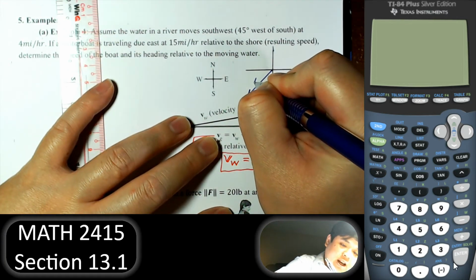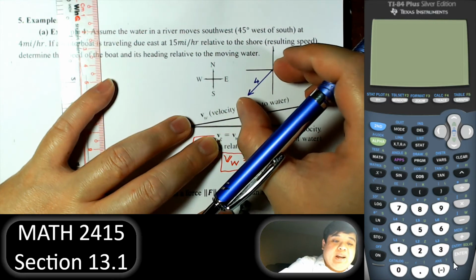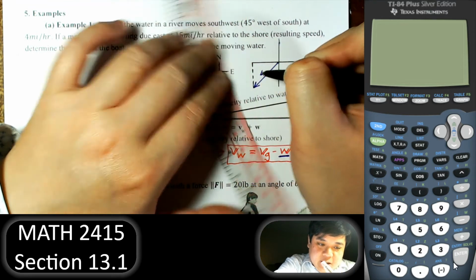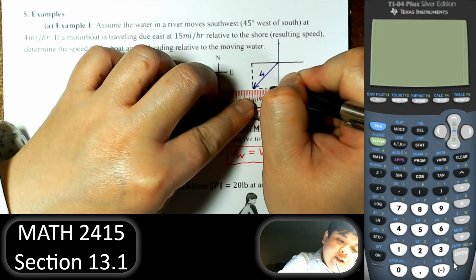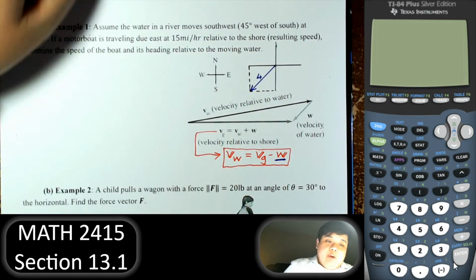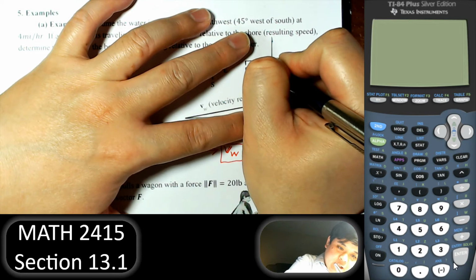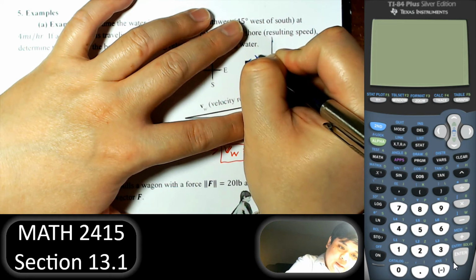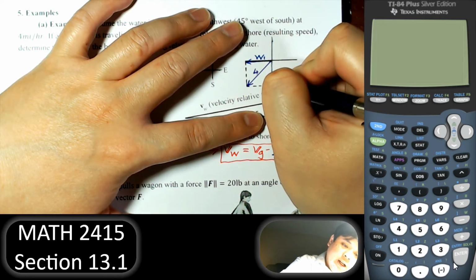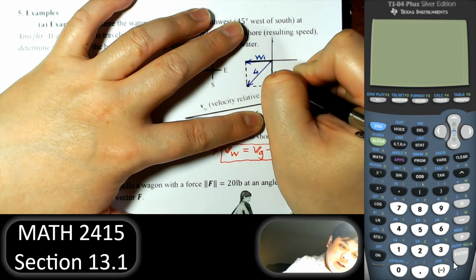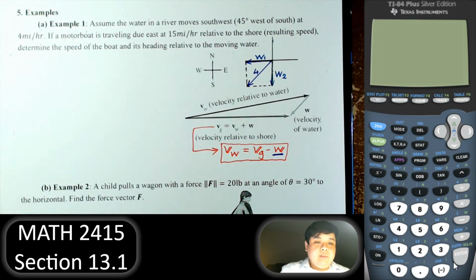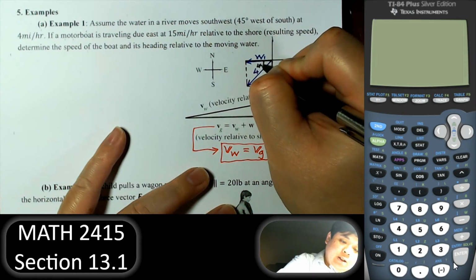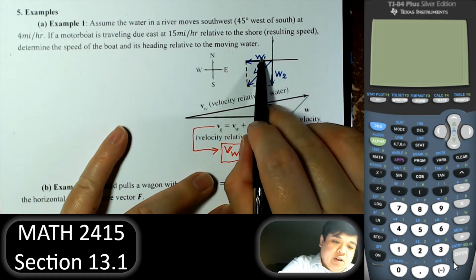So we can say the length is 4. So 4 is not the vector, 4 is the length of the vector. Now if we decompose this into components, the W has a first component and a second component. And the angle is 45 degrees, right? Of course, that could be 45 degrees here or there, doesn't matter.